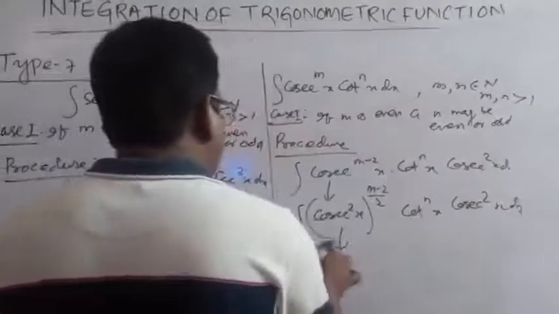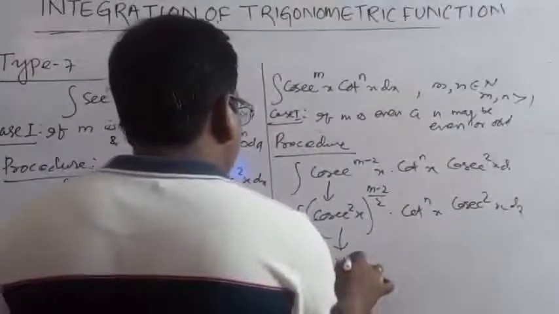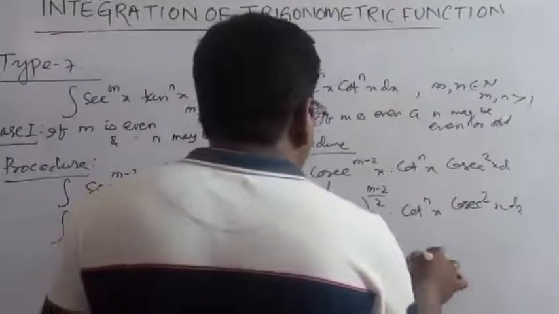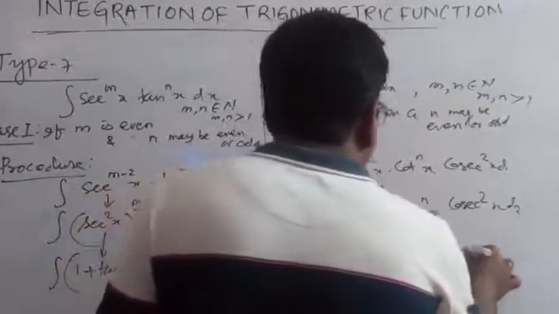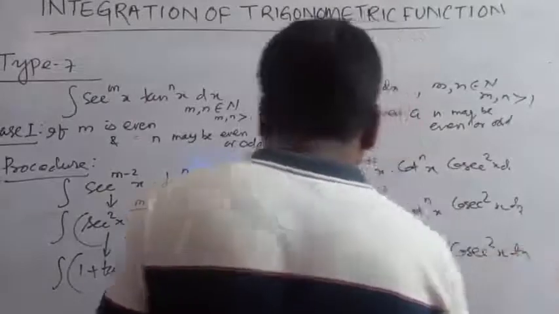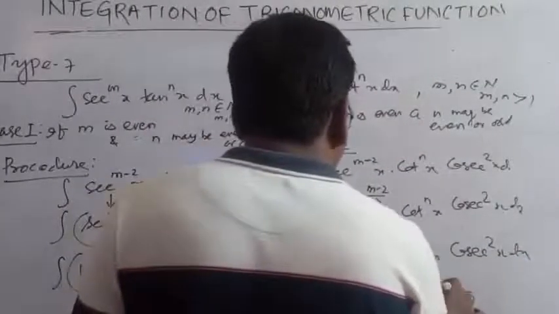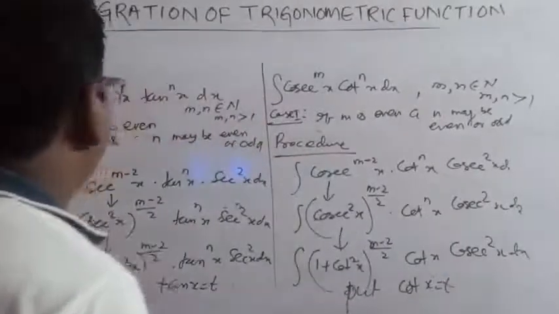Use this: 1 plus cot square x whole to the power m minus 2 by 2, cot nx into cosec square x dx. Then put cot x equal to t. This is case number 1.